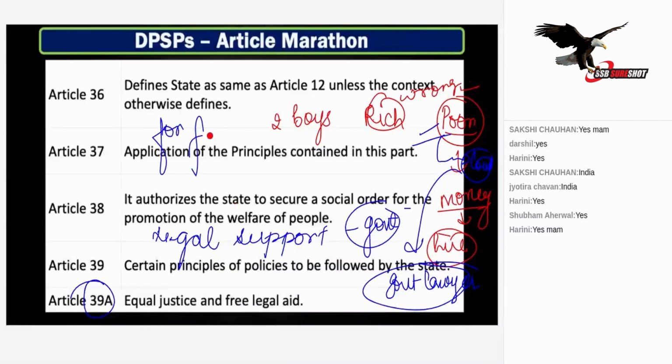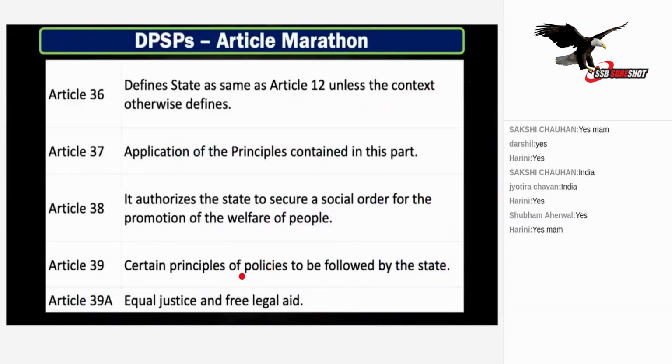He doesn't need to pay anything, and this is what Article 39A says. It tells the government that whenever you are making any policy related to legal aspects or legal hiring, you have to give an angle of free legal aid to people.